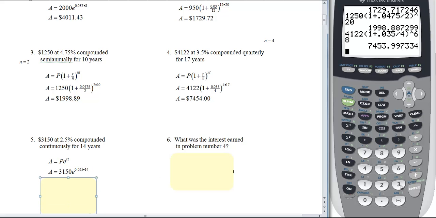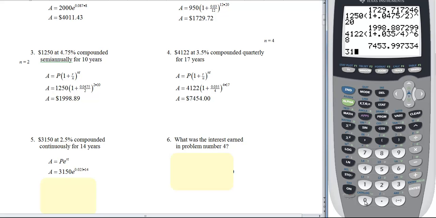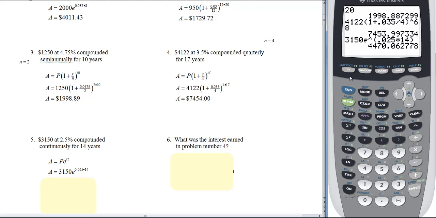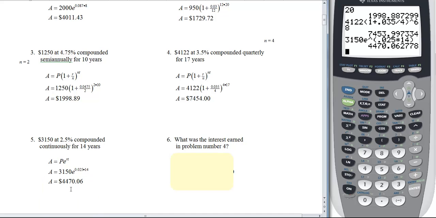Okay, so 3,150, second LN, because I want the E raised to the 0.025 times 14. So $4,470.06.